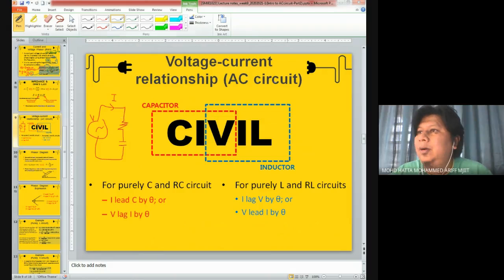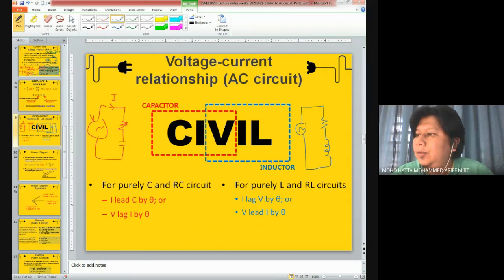And for a circuit that consists of a resistor and inductor, the same goes for a circuit that consists only of an inductor.